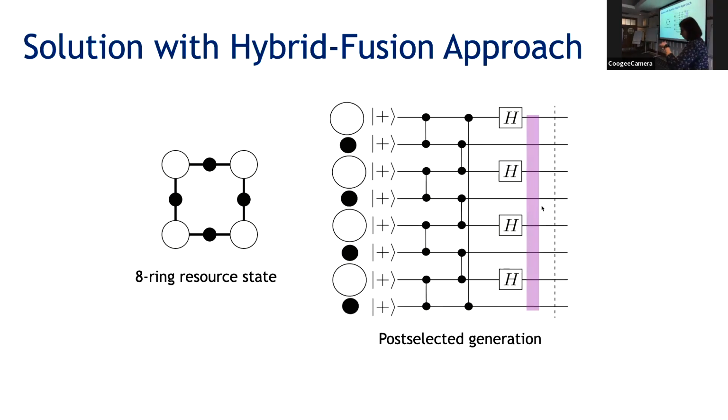If I see any erasure anywhere, I discard this resource state and try again. So this is like a post-selected resource state. Only when I'm sure there's no erasure in my resource state, only then do I put that resource state into my fusion network. So basically, the only errors coming from the resource state are actually the Pauli errors, because those are the ones that don't get detected. But erasures are basically now completely removed.